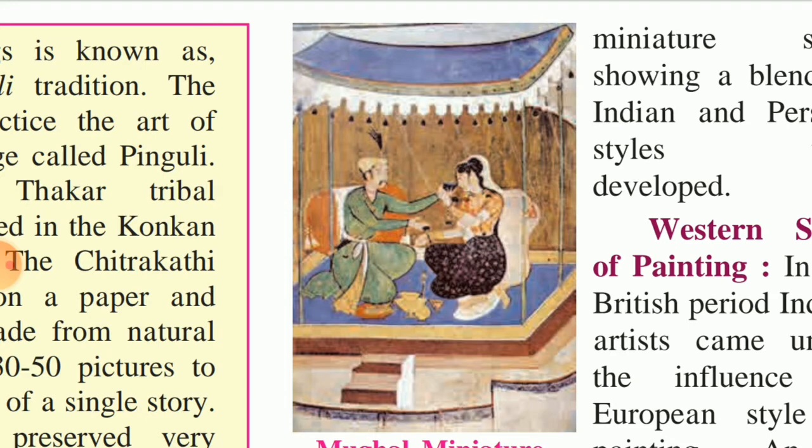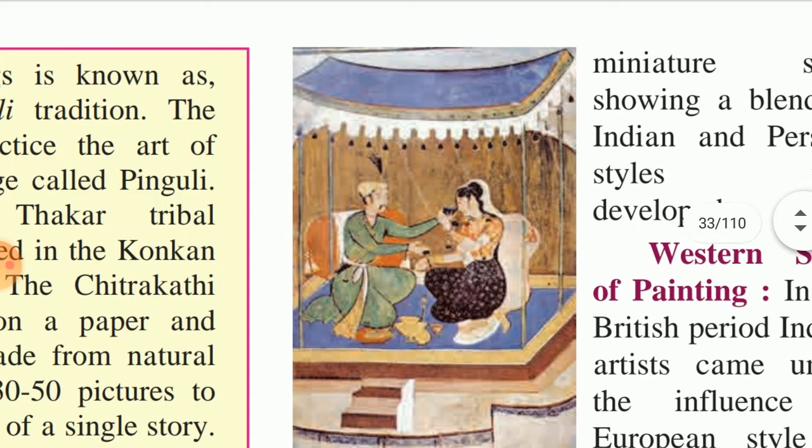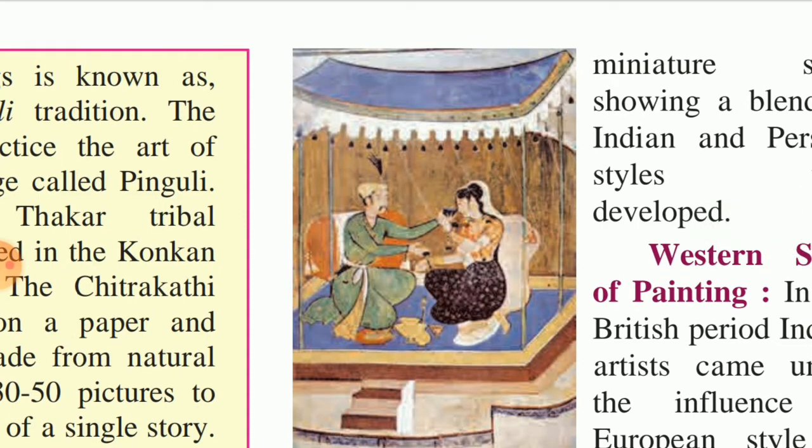So what I want to bring to your notice is the structure over there, the backdrop, the beautifully painted top structure, the lace over there on top, then the drapery of the Mughal king and the queen.